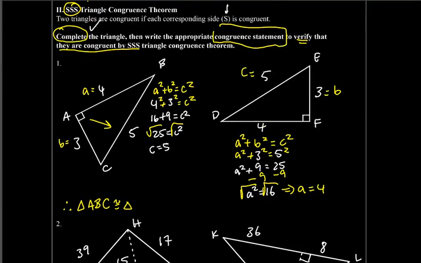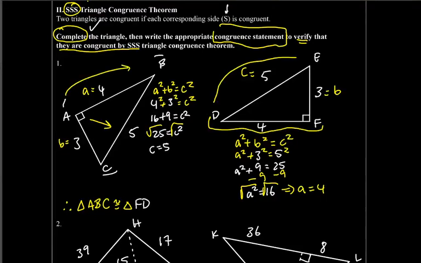So they are congruent. It's just we need to verify them to show, yes, they actually are. Okay, so let's see. We're looking at A, B, C. So let's look. What is AB? AB is 4. FD. In this direction, AB, C. So FD, E. So we see that all three sides are congruent.